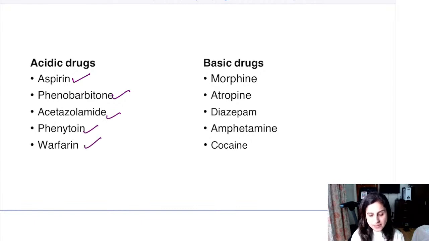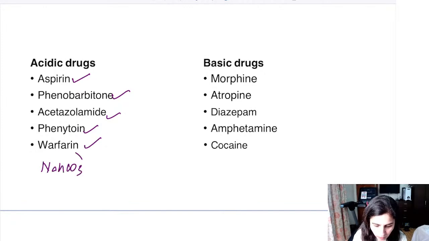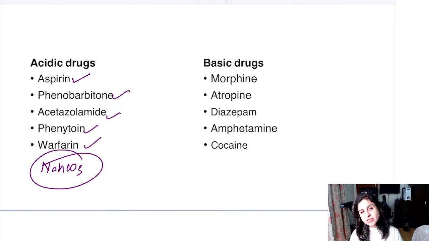All these are acidic drugs. Whenever you have to remove them by diuresis, you need to make the urine more alkaline. Sodium bicarbonate is used to make the urine more alkaline, and that will help in removal of these acidic drugs in case of poisoning.